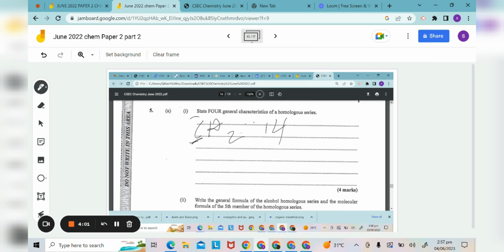Okay, so they have the same general properties. There's a difference between consecutive members of CH2 or a mass of 14, or you could use both of those as two different things. There's a functional group which governs each of the classes of compounds, right? And that's 4 marks, so you need to give 4 things.